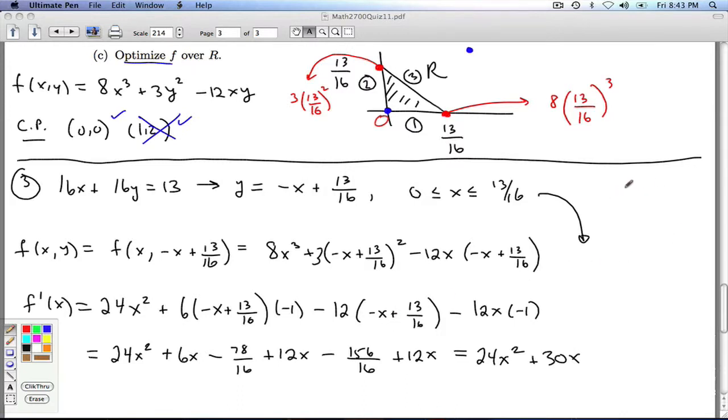That's going to be 39 eighths. And that's going to be 78 eighths.